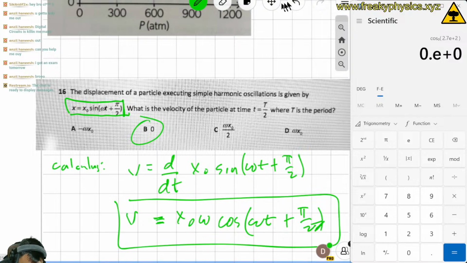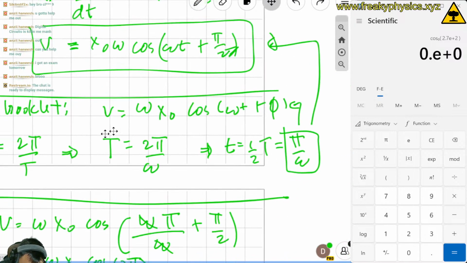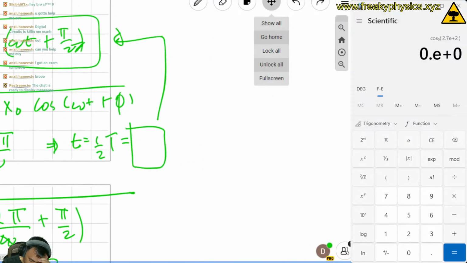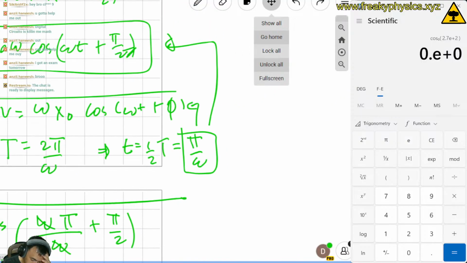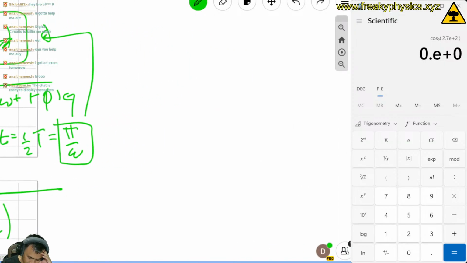Oh, okay. So let's go back there. We're clear where we got this part, right? Now I'll just focus on the cosine omega t part. I'm not going to put the x0 omega anymore. Let's use a different color here.